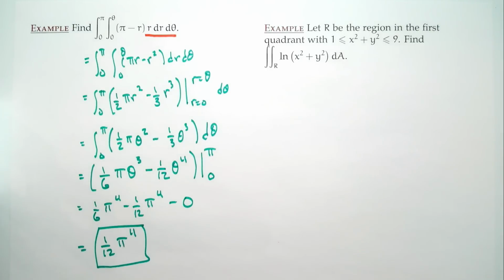Let's try something else. Let R be the region in the first quadrant where 1 is less than or equal to x squared plus y squared, and that's less than or equal to 9. And let's find the integral over R of log of x squared plus y squared dA. Oh, well, this is nice. No polar coordinates here.